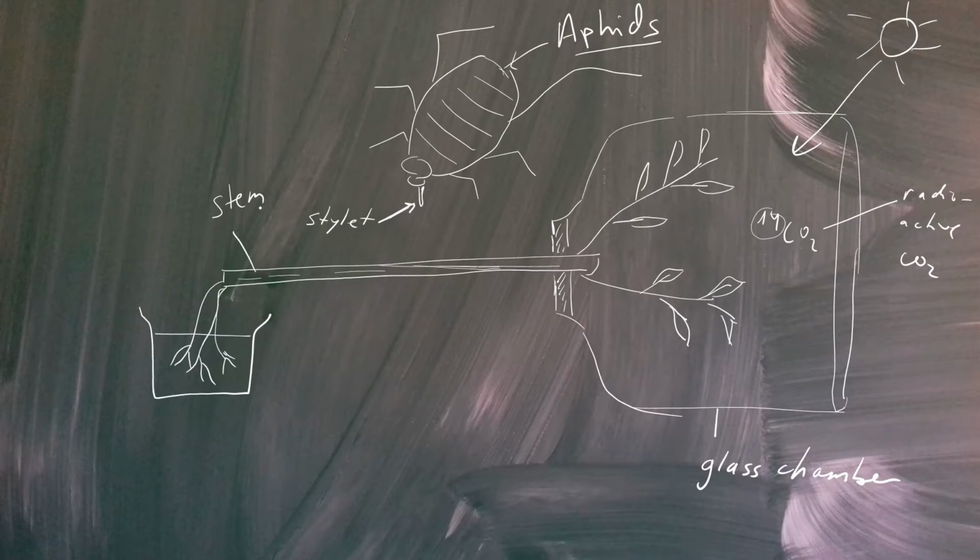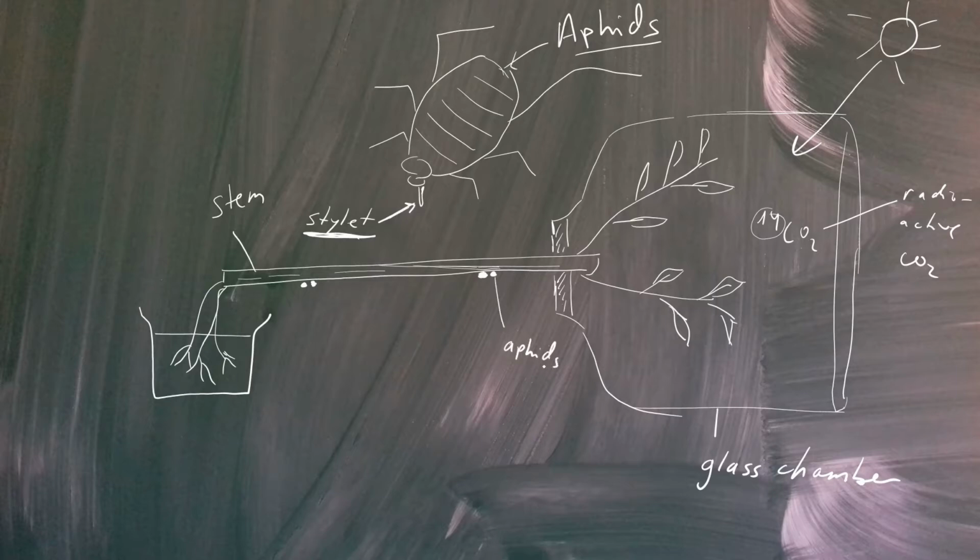Those aphids have mouth parts, and those mouth parts are called stylets. They basically put aphids here towards the leaves. So I'm going to just put a couple of aphids over here, and they also put some down here. Those dots are supposed to be the aphids.